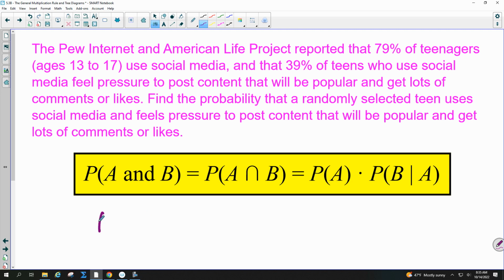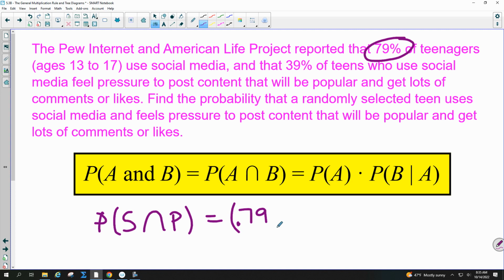So we would do the probability that a teenager, 13 to 17, uses social media and feels pressure to be popular.